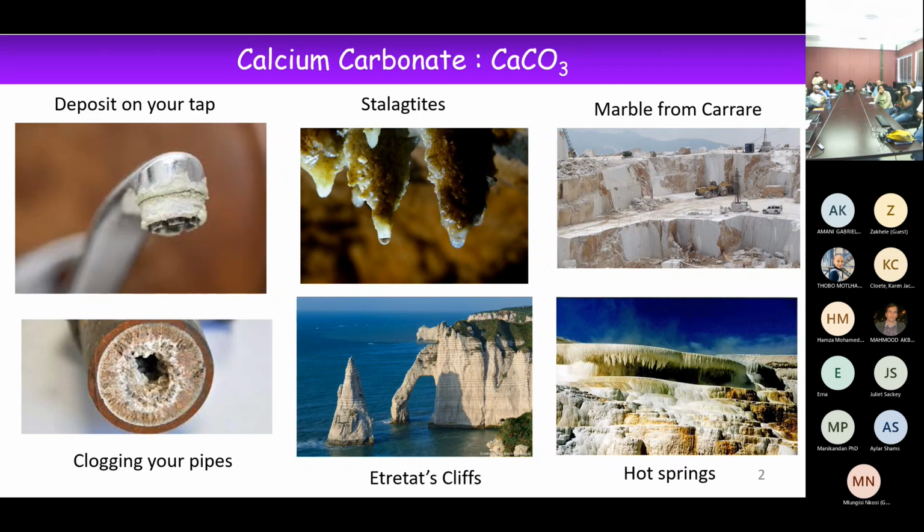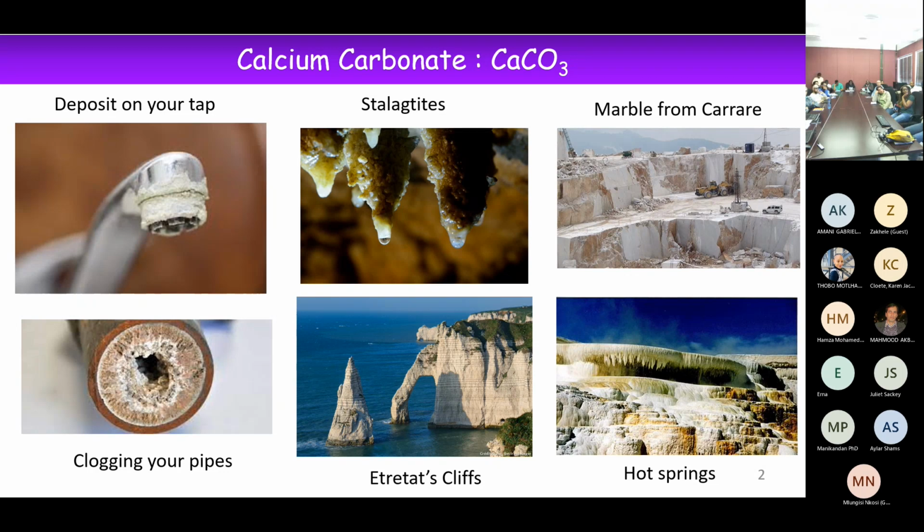And it's even more severe in the pipes, where it can provide some clogging in the pipes. But you also find calcium carbonate in natural caves as stalactites. And in this case, it takes a very, very long time to make stalactites, maybe several years just to grow a few millimeters of calcium carbonate.